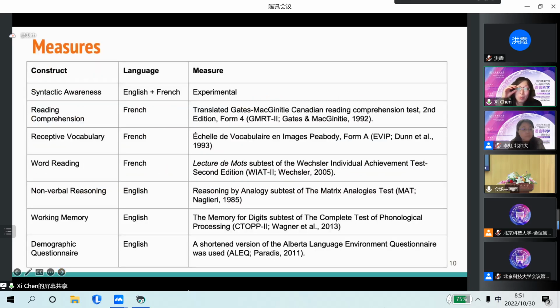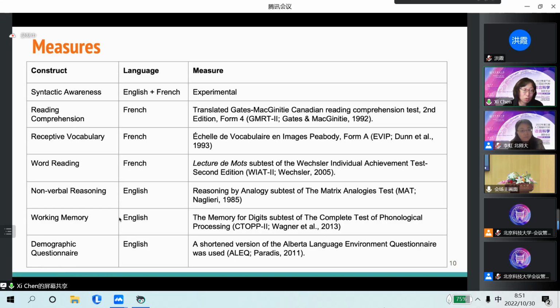All right, so we gave them a battery of measures in both English and French. Syntactic awareness was measured in English and French, and then reading comprehension, vocabulary, and word reading were measured in French, because we were mainly interested in French, which was the language of instruction.